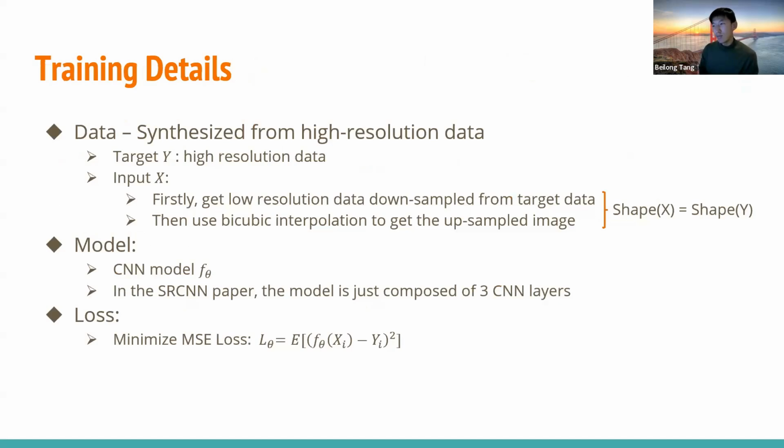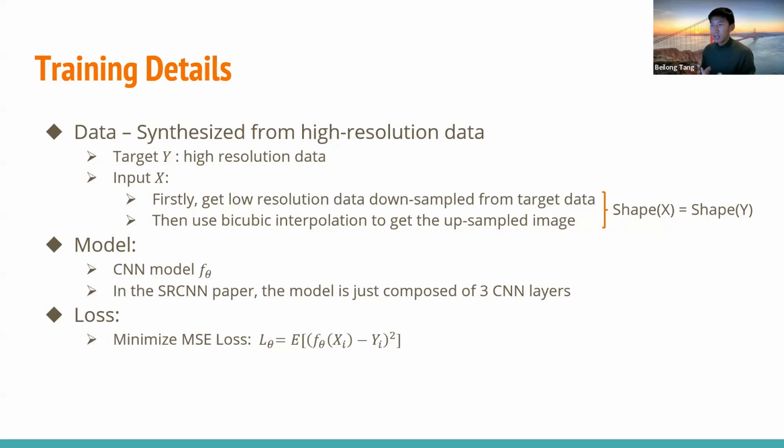For the training details, we generally think about the data first, and it is usually synthesized from high resolution data. For this task, data is easily generated because we already have collections of high resolution data, the target Y. For input X, we can get it from the target Y: we downsample the target data to get low resolution data.